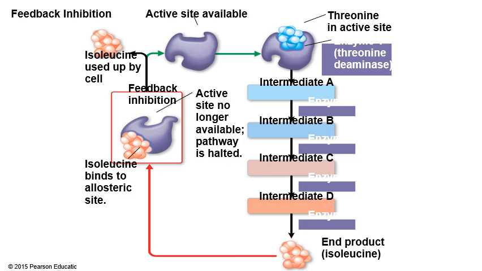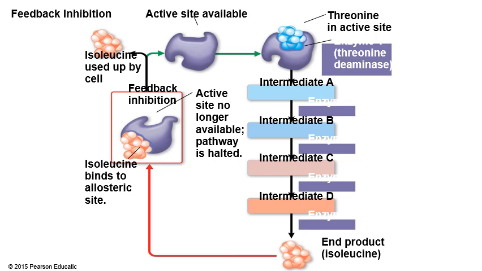This diagram shows one example of feedback inhibition. So when isoleucine is used up by the cell, then the enzyme is going to get activated.